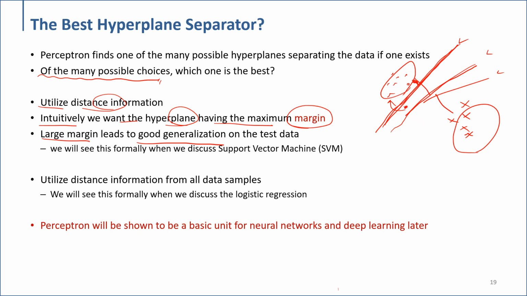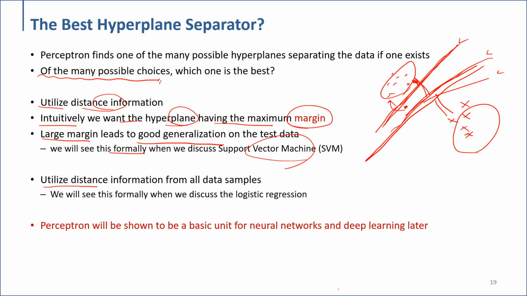So for generalization, we need to select the hyperplane with the maximum margin. We will see this formally when we discuss the support vector machine, which I will discuss later. So that's the summary.